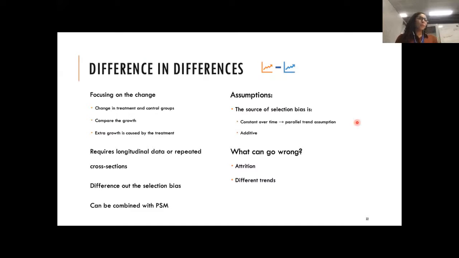There are two main things that can go wrong with difference in difference. The first one is attrition, which means our participants go away. And there can be different trends.